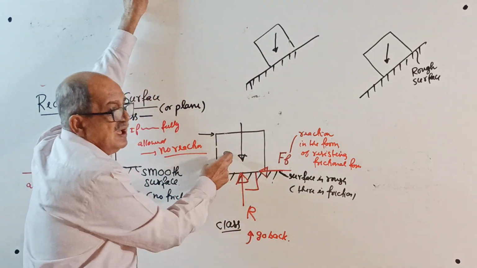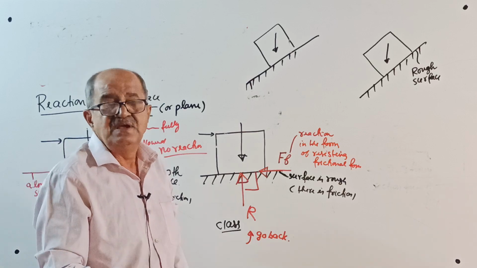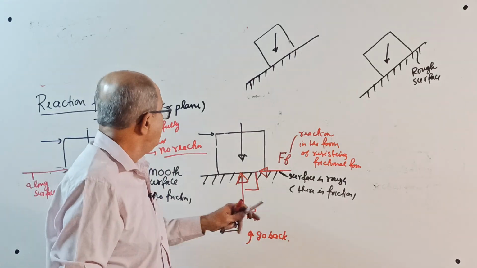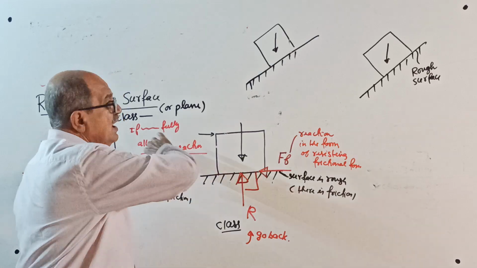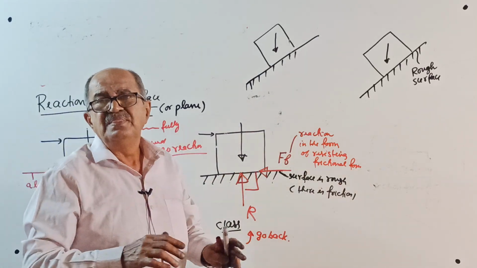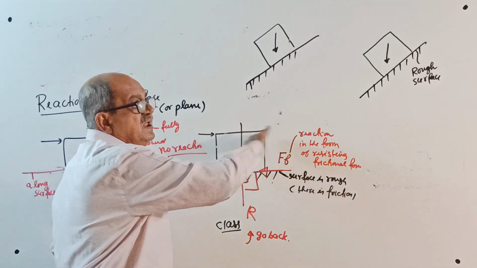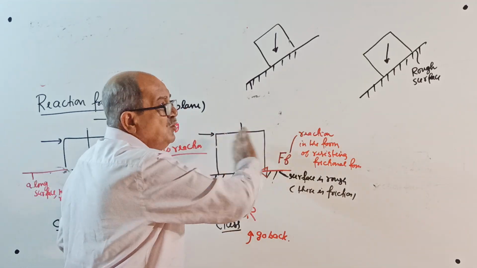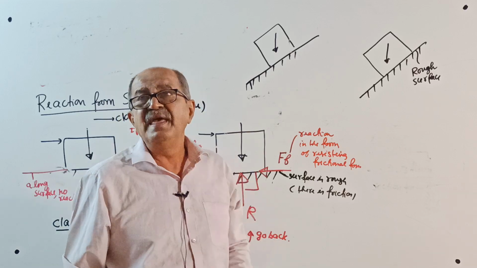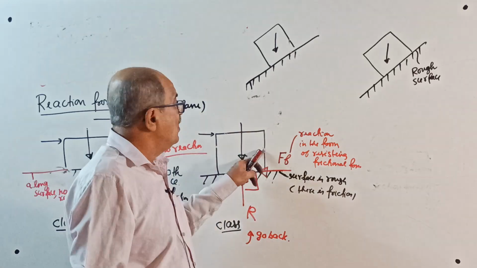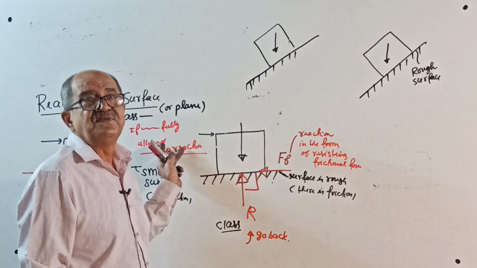Now, write all the statement, then write one more surface sketch. Then write here. Suppose you apply heavy force, then it will overcome friction. This will start moving. Even if it starts moving, friction force will be there, because it cannot move like a smooth surface.